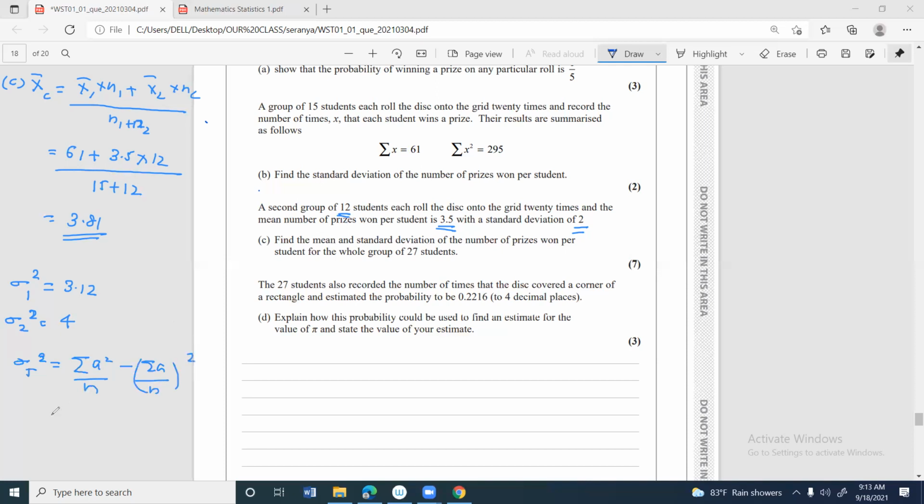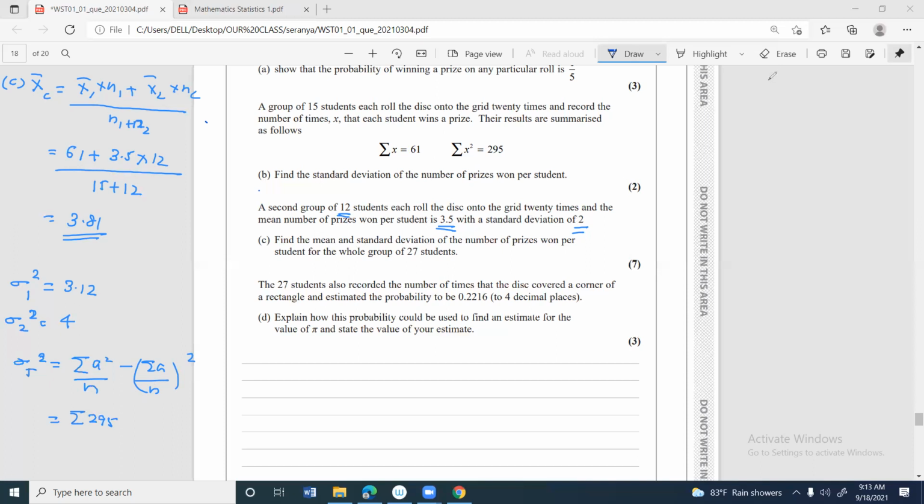So I need to find the summation of x squared for both of these sets. The summation of x squared of the first set we know is 295, but for the second set we don't know this value.